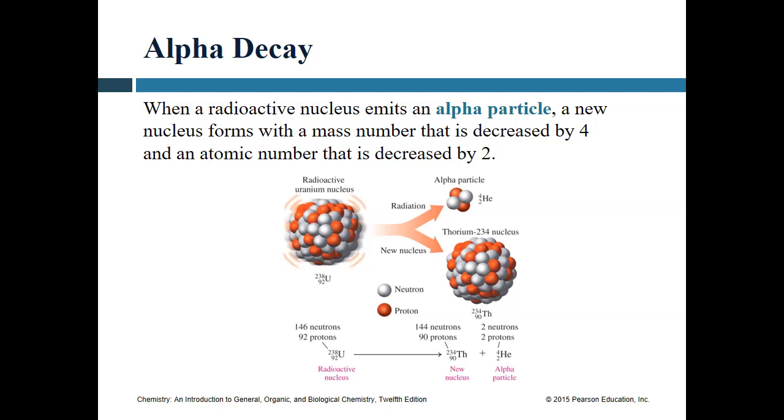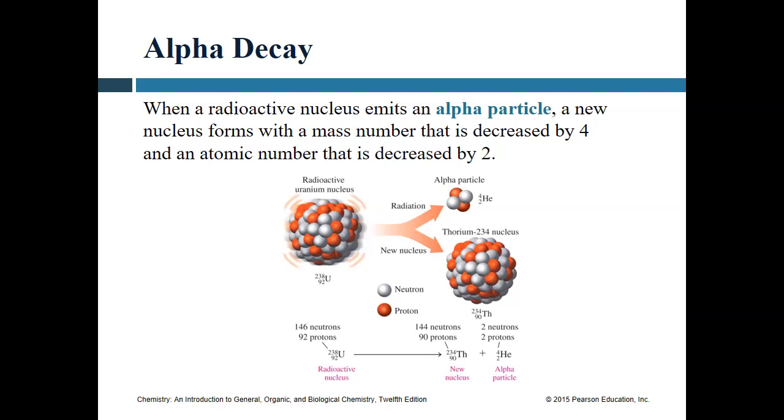Now, one of the ways that we measure that is with half-life, and we'll talk about half-life on Thursday. But the idea of half-life is how long does it take for half of this material to react? And if you've got something with a short half-life, obviously it's not very stable because it's going to react and react and react. If you have something with a long half-life, then that means that it is more stable.